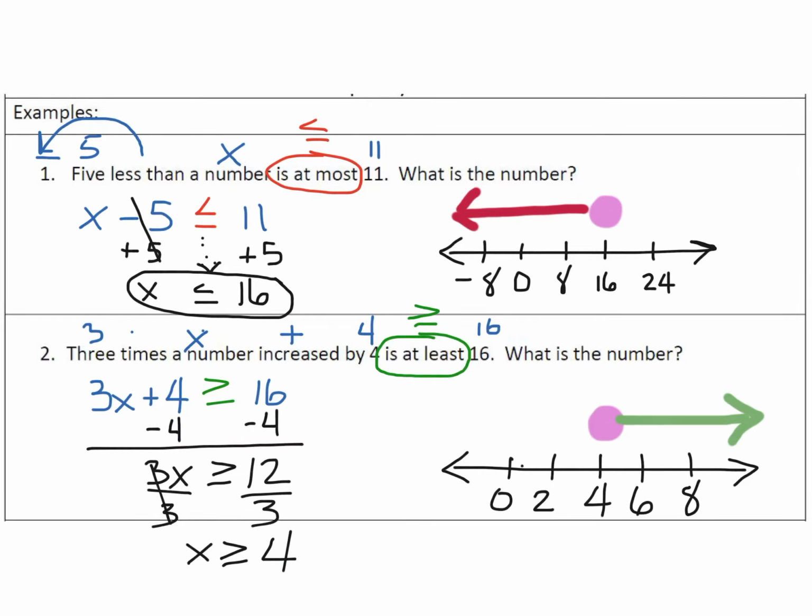All right, so I've gone ahead and shown you my work, and I've also graphed my solution set. I used green for my arrow this time because it is at least 4 or greater than or equal to 4, which means that it's going towards the positive numbers. All right, and I did have a closed circle there.